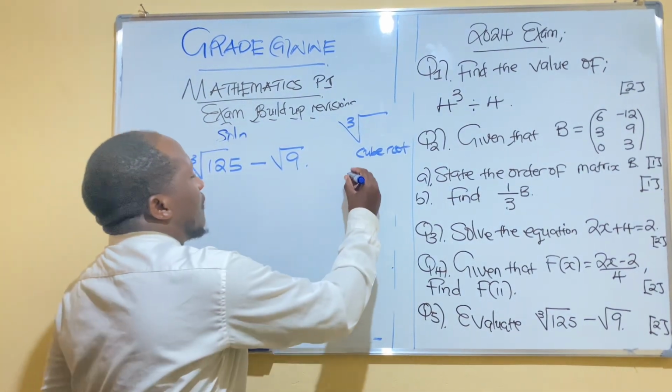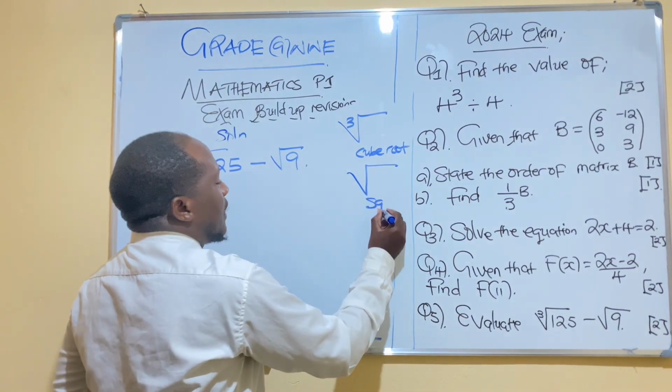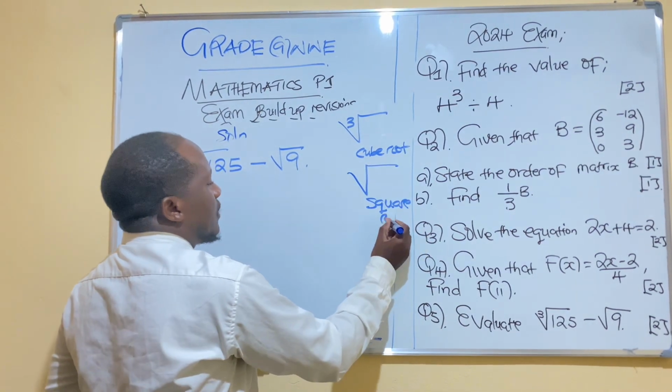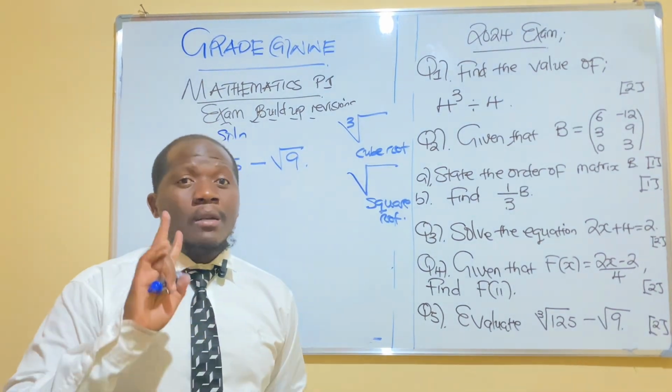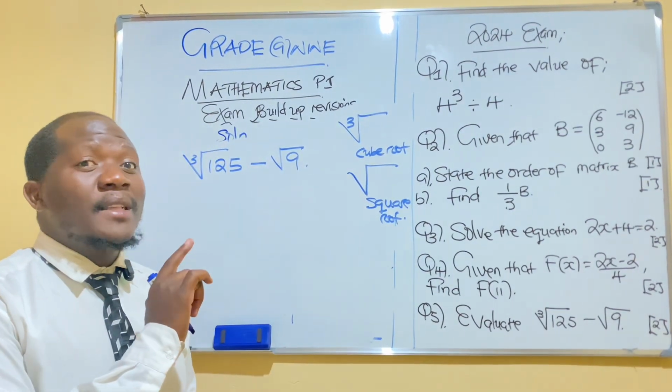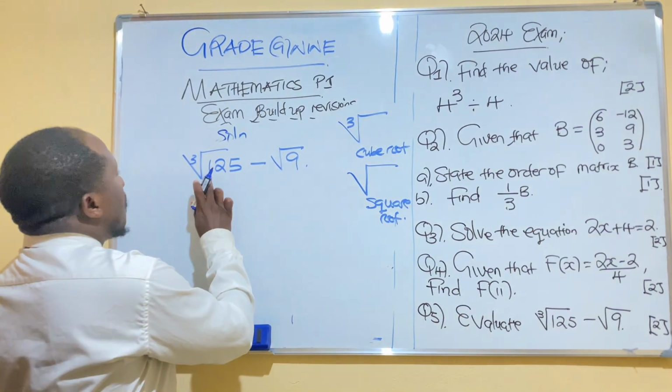And this one is a square root. If this is a square root, we are finding a number we can multiply 2 times to get the number inside the root.